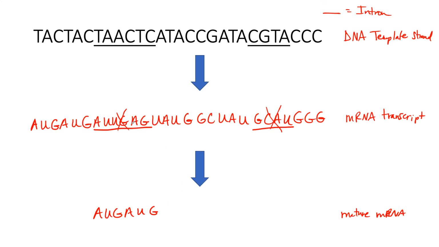I'm going to skip this underlined sequence, and skip this underlined sequence. So hopefully that's what you obtained for your mature mRNA. Now, we also would need to add a cap to this end, and this would have a whole string of adenines added to this end of the molecule.